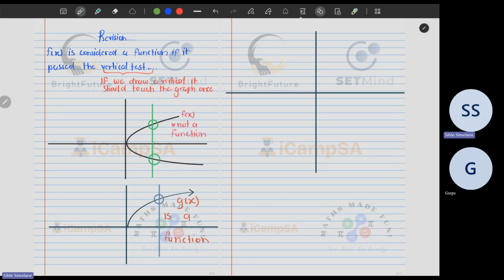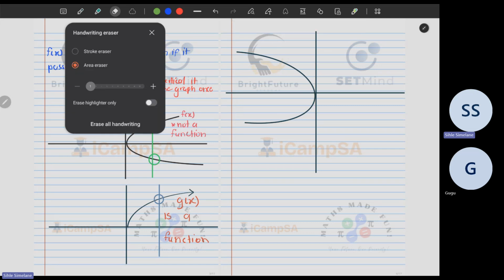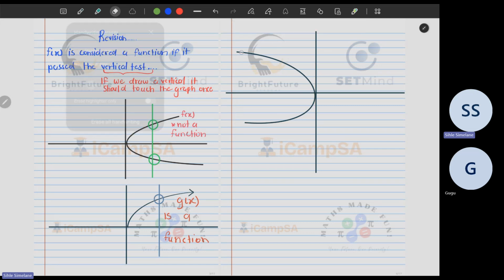if we had a graph that looks something like this, we know that this is not a function, okay? But we can restrict it such that it passes the vertical line test. How? Either we need to remove the top part or we remove the bottom part. So let's try that again. So if we have one that is something like this, we can either focus on removing the bottom part or the top part. So maybe we can remove this top part here.